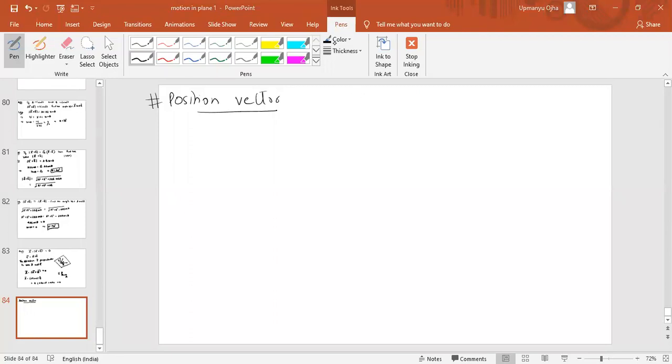Okay, so for position we need to define the x and y axis. Let us suppose this is the x-axis, this is your y-axis, and this is your z-axis.